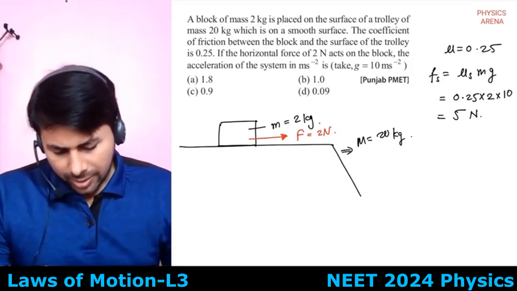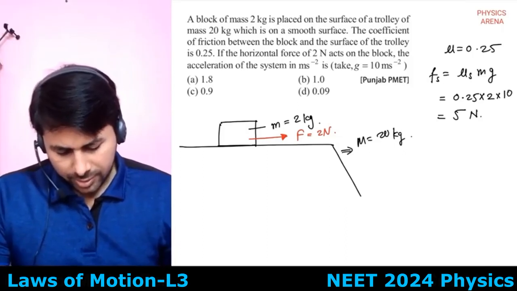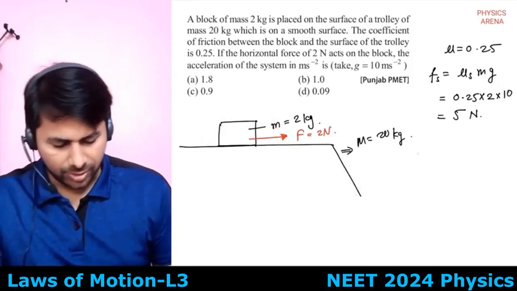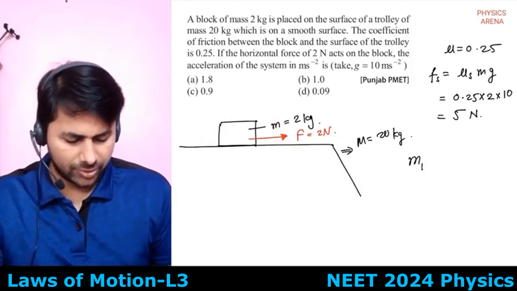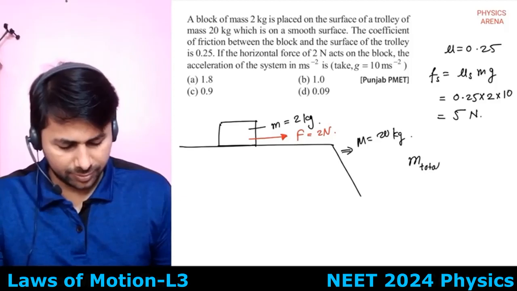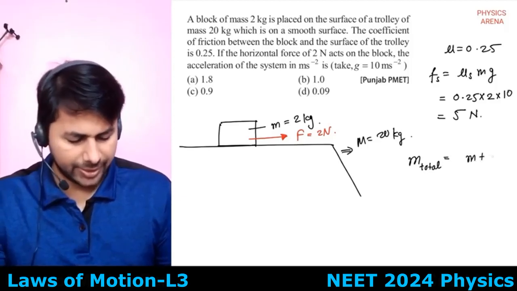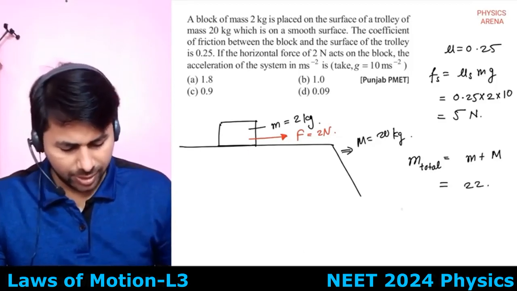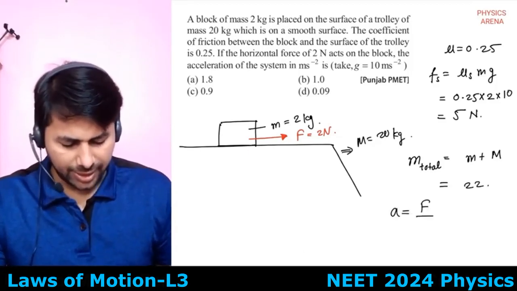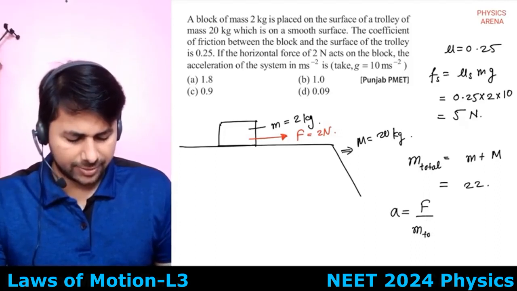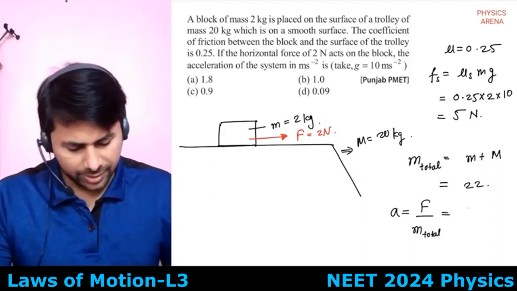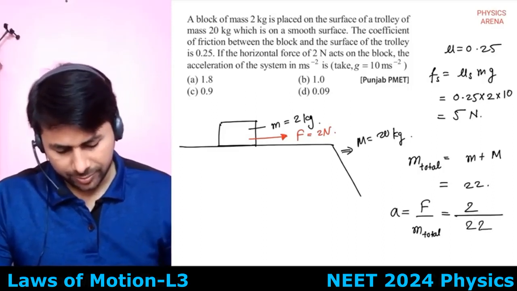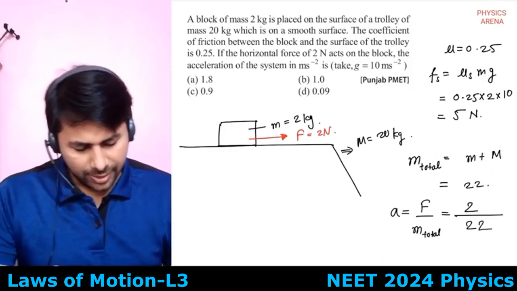Then the net force acts on this total system only. How much is the total mass of the system? Find out m total. It is equal to m plus capital M, that is 22. So acceleration will be just F divided by the total mass, that is 2 Newton upon 22, 2 plus 20.